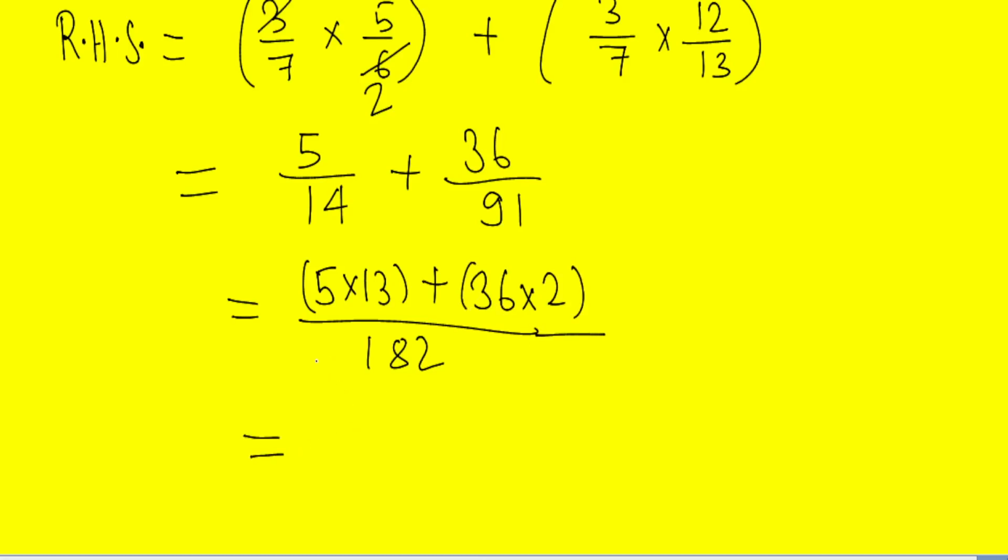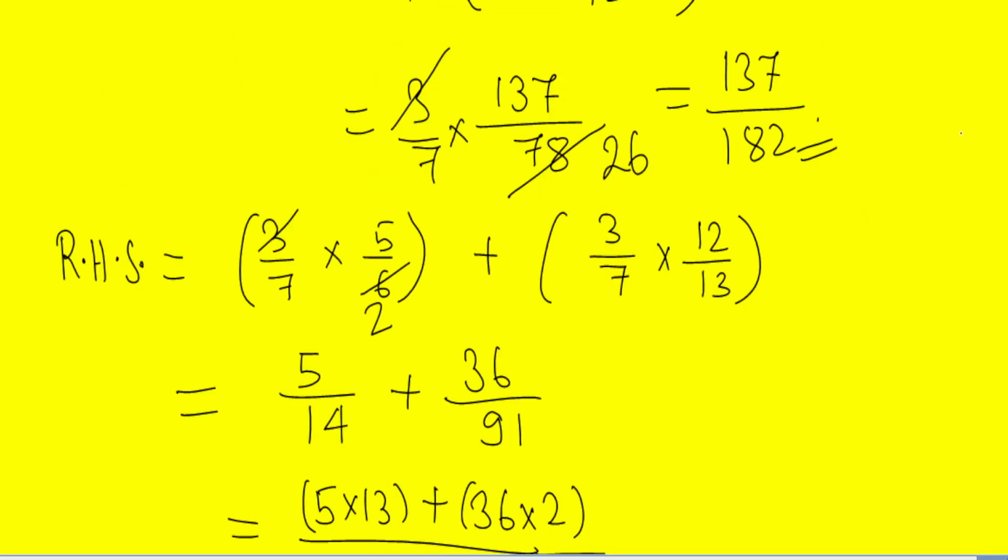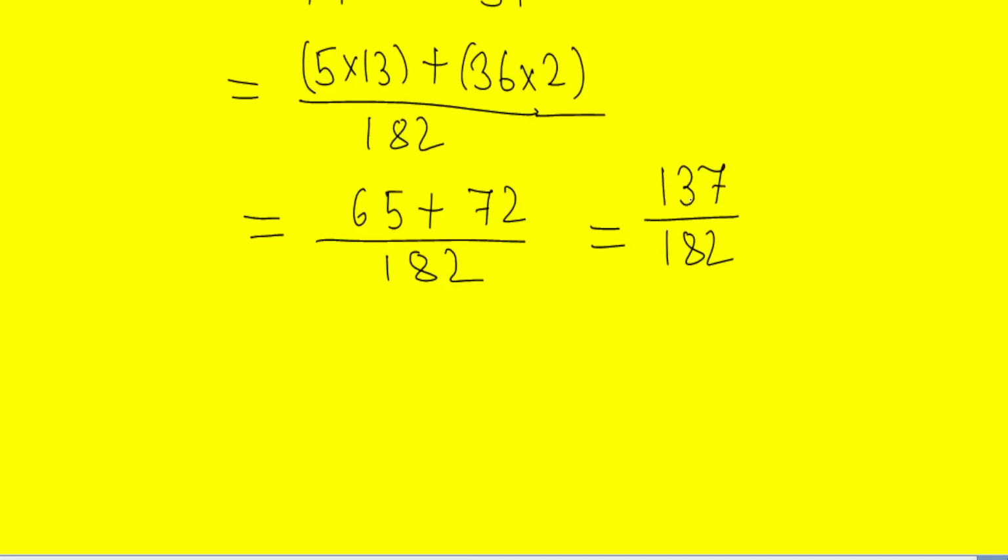Clear? Now 5 multiplied by 13 is 65, plus 36 multiplied by 2 is 72, whole upon 182. So when we add these two numbers, we get 137 whole upon 182. Now you can see here, the left hand side is 137 upon 182, and the right hand side is also 137 upon 182.